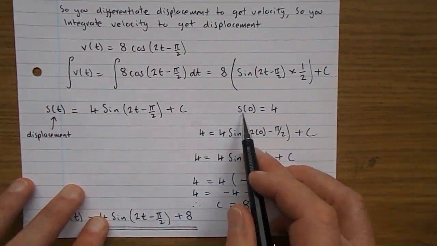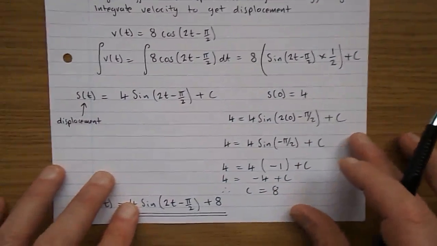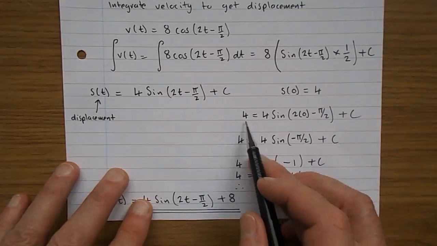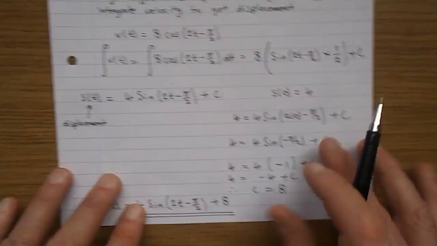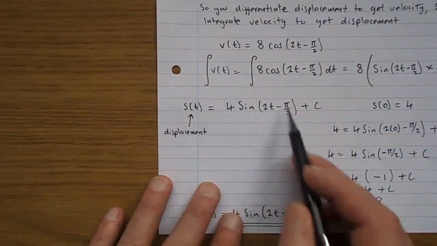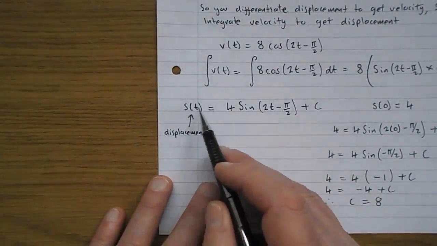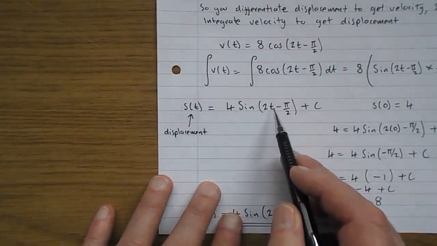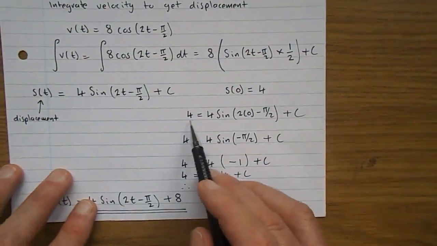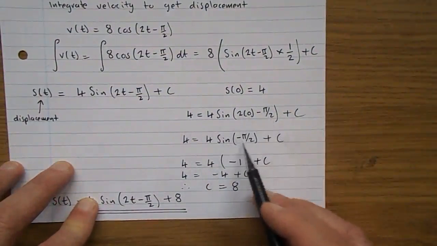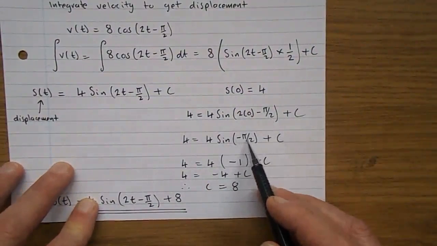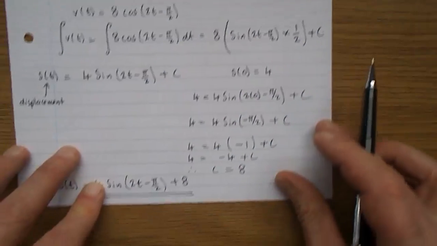When t is 0, the displacement is 4. So we can just put 4 equal to 4 sine 2. Remember, t is 0. So we're going to put these numbers through here. That's going to be 4, and we're going to put 0 there. So here we have it there. 4 equals 4 sine(2 nothings are nothing, take π/2), which just gives you sine(−π/2) plus c.